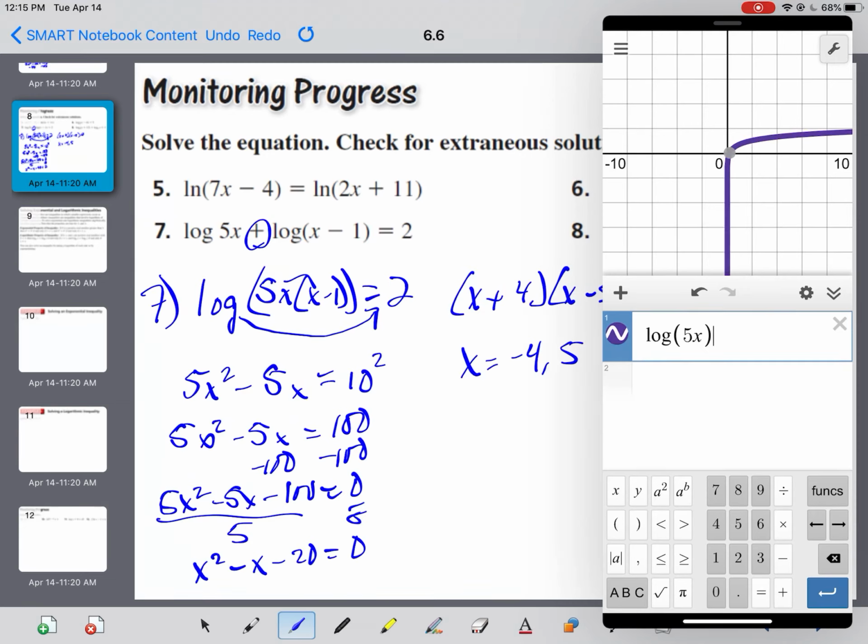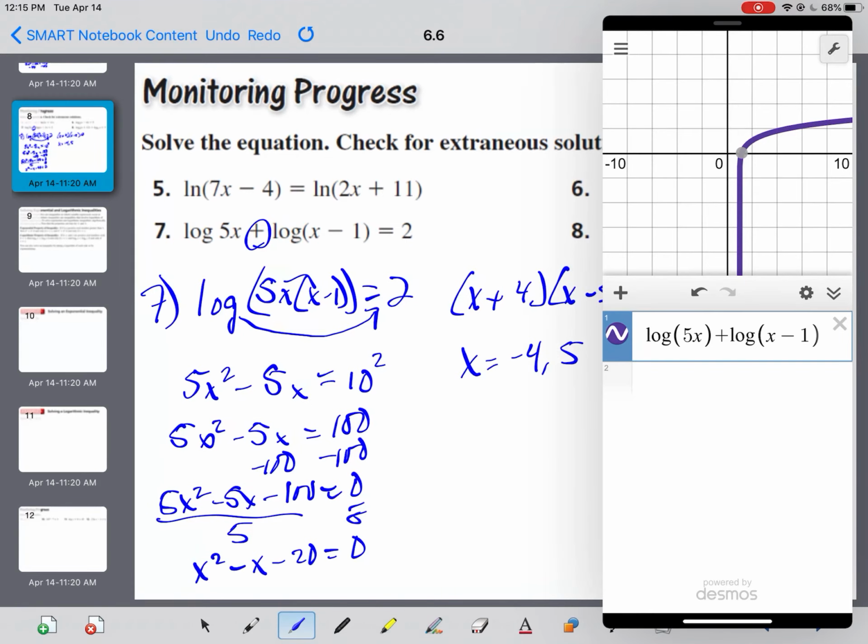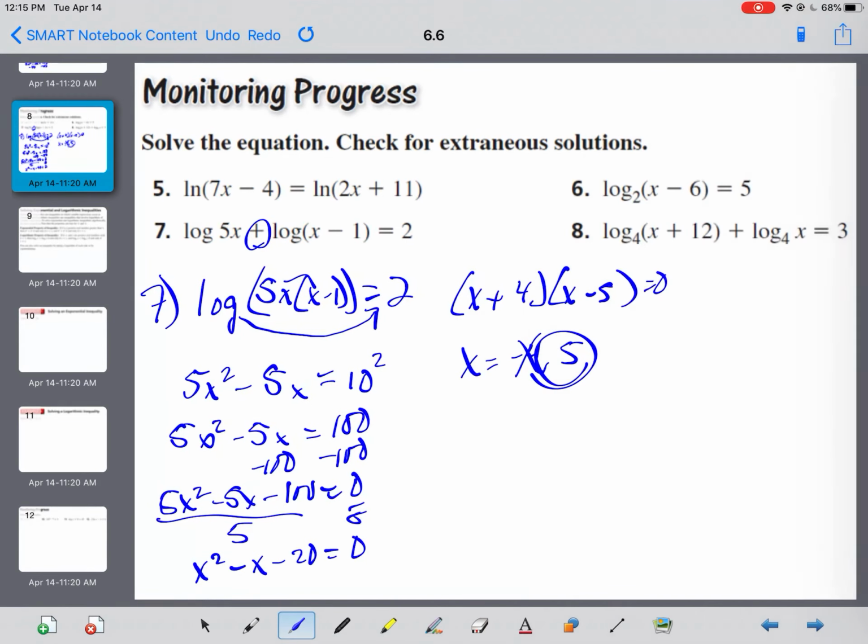Let's graph the original and see what doesn't belong. Log of 5x plus log x minus 1 equals y. That's at a 1, so it's got to be greater than 1. So negative 4 is out, just the 5.